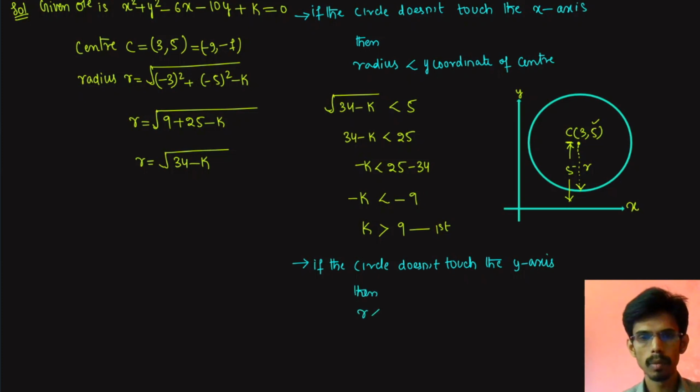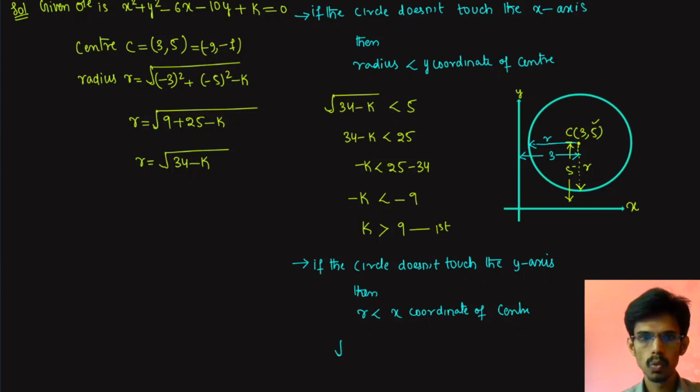The radius will be less than the x coordinate of the center. See here, this is the radius up to this point, but the x coordinate will be from here. The x coordinate will be from the y-axis up to that point, so it will be less.